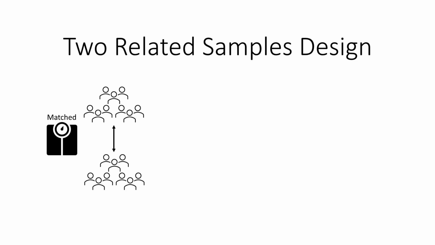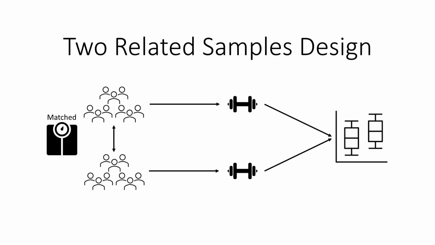And then you want to compare, for example, the strength measures between the two groups. This might be males and females, and you want to see whether or not there is a difference in strength that isn't explained by their body mass difference, and so you match them and then compare their strengths between the two sexes. In this case, because you have matched them, the two samples are also related.